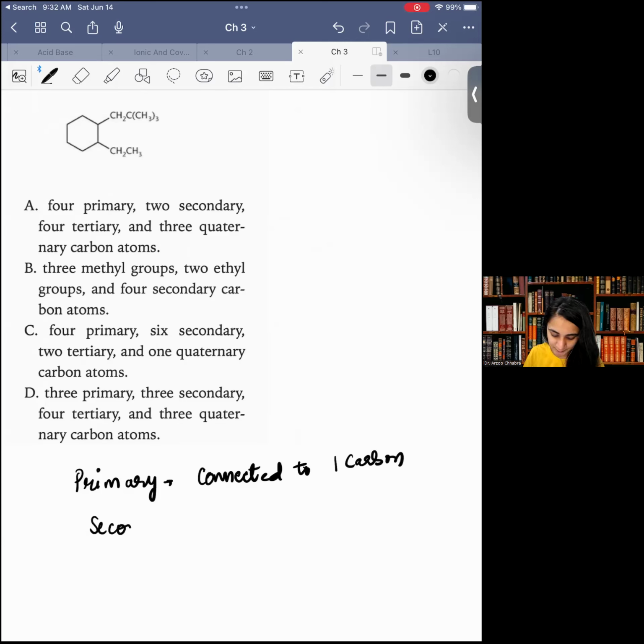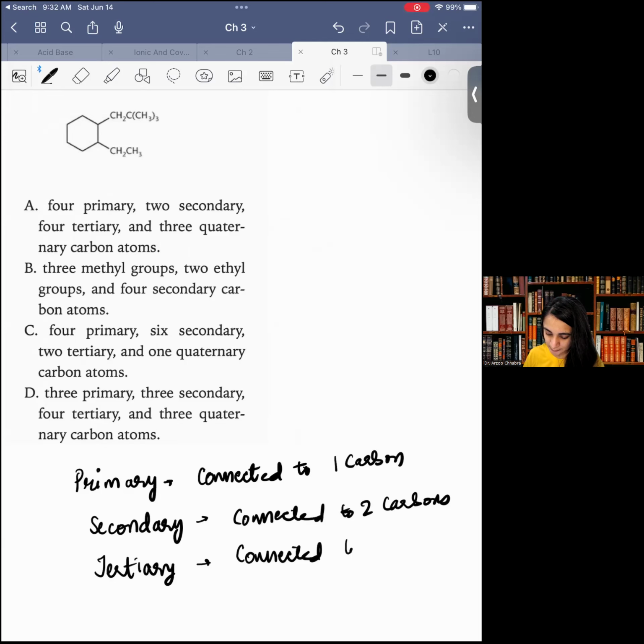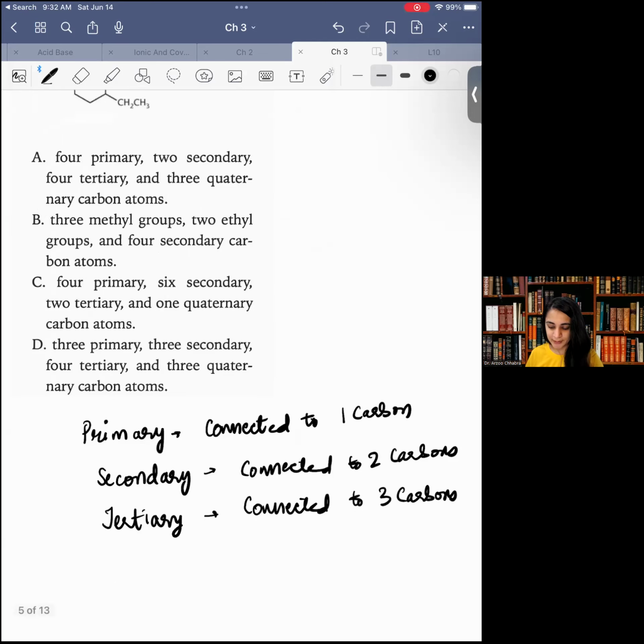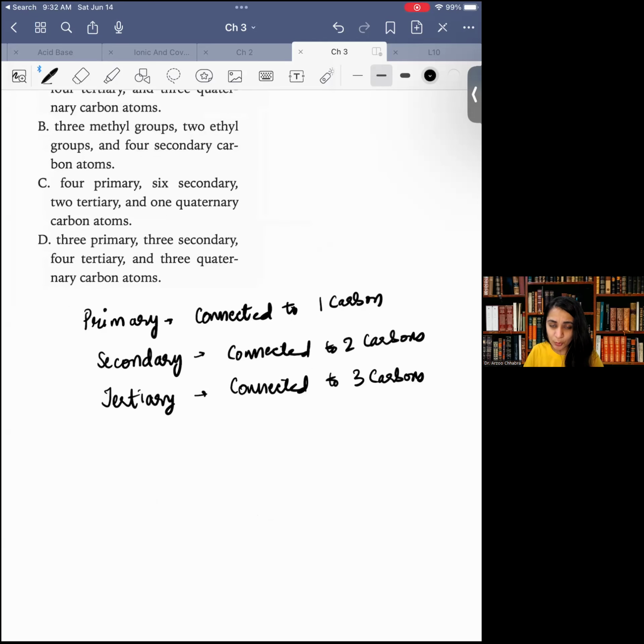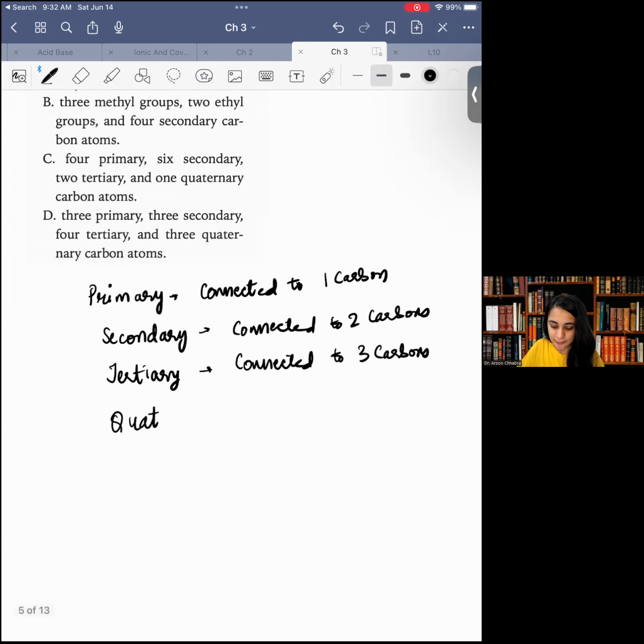A secondary carbon center is a carbon which is connected to 2 carbons. Tertiary is the one which is connected to 3 carbon centers. Okay, primary, secondary, tertiary.